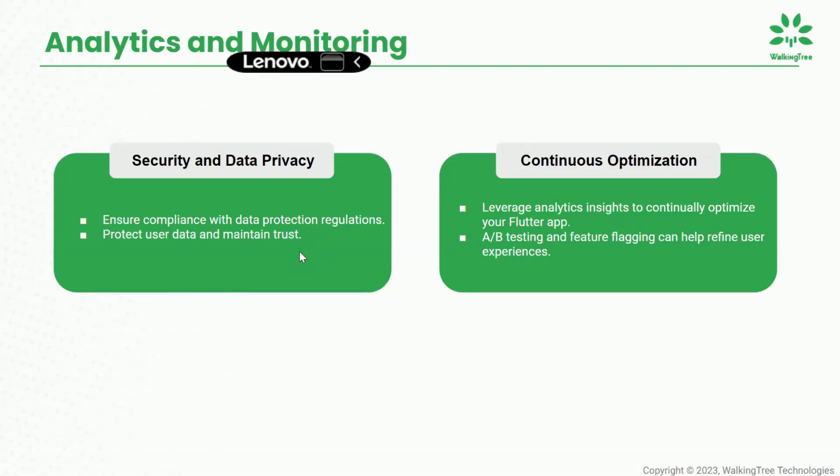And continuous optimization: continuously optimize your Flutter app. Based on the data produced, we take informed decisions to optimize performance and improve the features of your product, which can help improve the business.